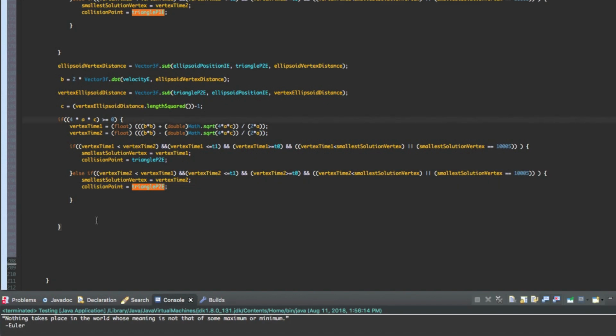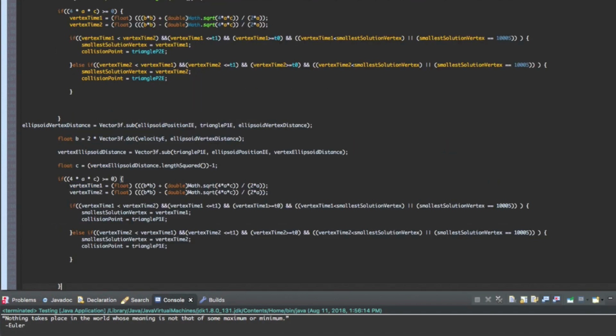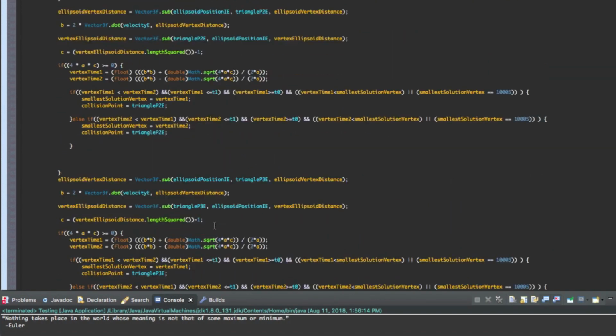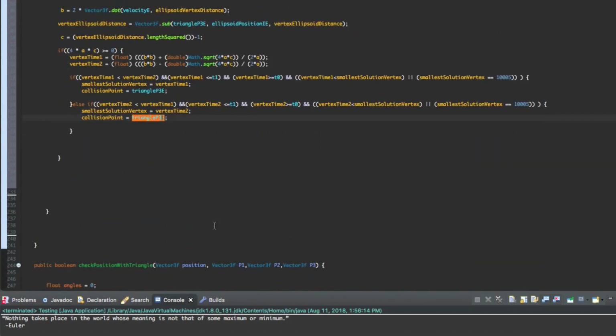And we are going to, of course, do that again for the third vertex. So get rid of those redeclaration of that float, change that to P3E, triangle P3E. And once again in the else if statement. All right, looks good.